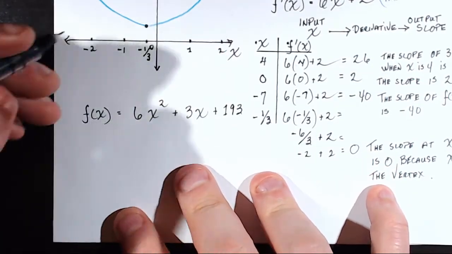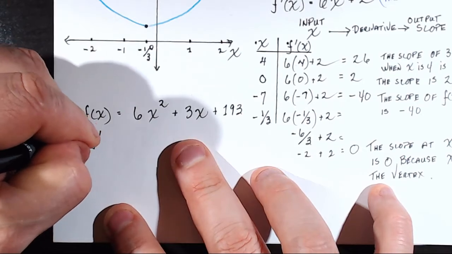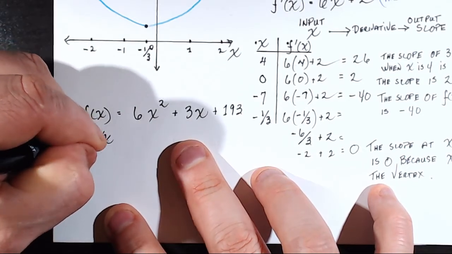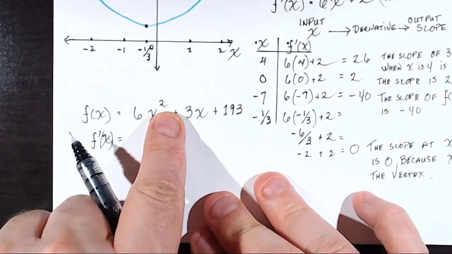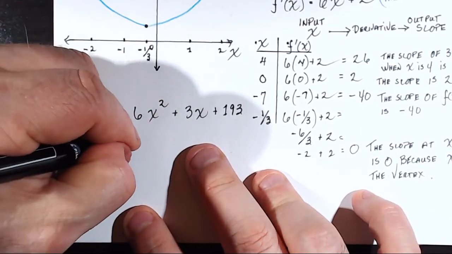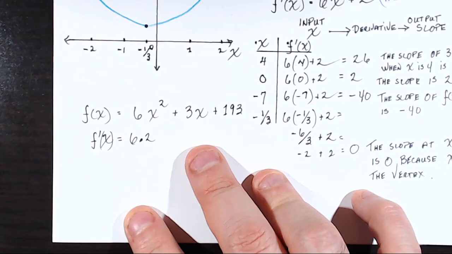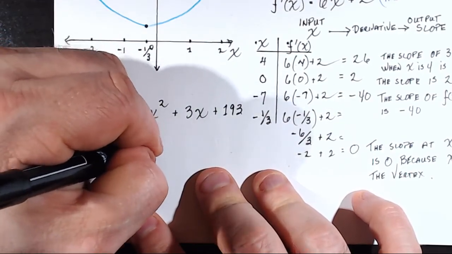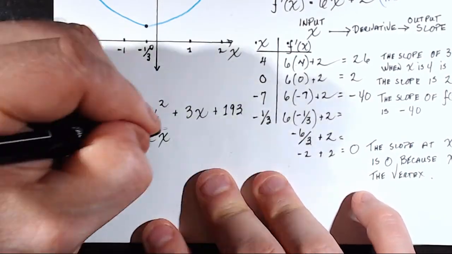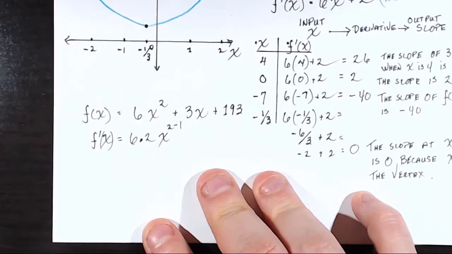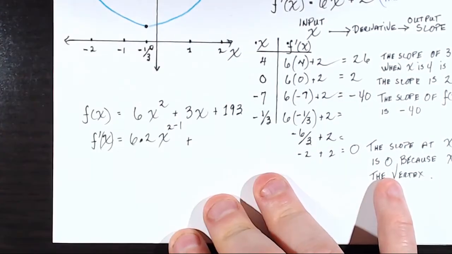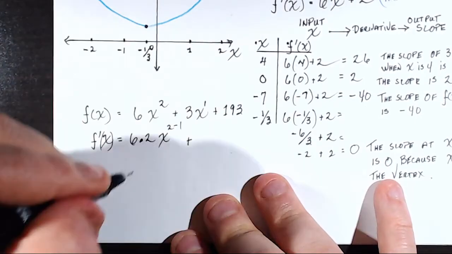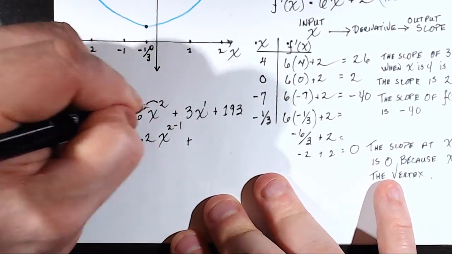The derivative f prime x is equal to, bring down the 2, it's 6 times 2, and then you've got x to the 2 minus 1. You always subtract 1 from the exponent. Plus, this one has an exponent of 1, so here we brought the 2 down.